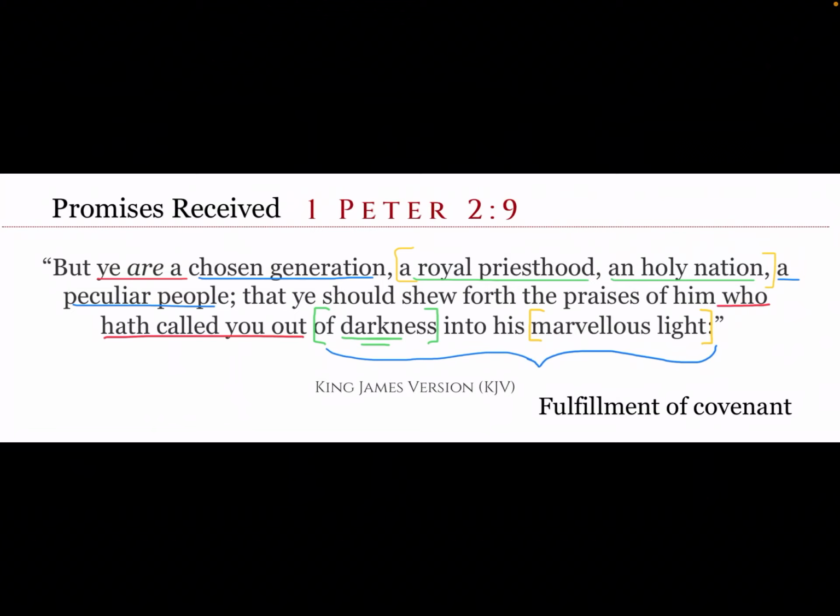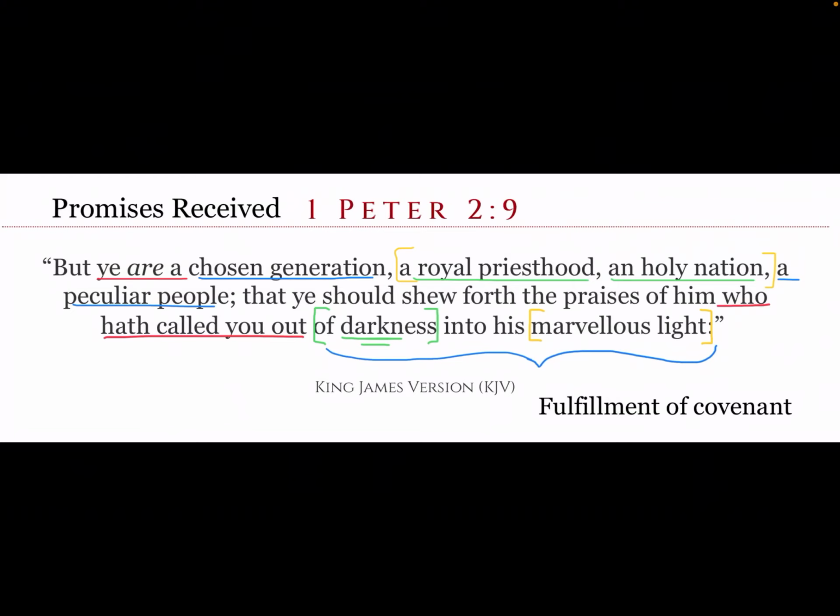They are the chosen generation, a royal priesthood, the holy nation, and peculiar people. That is the fulfillment of the Exodus covenant, the great kingdom covenant fulfillment, where it said, if you were obedient and faithful, if you will obey my voice and be true to the covenant, then you will be a peculiar people above all others, a royal priesthood and a holy nation.